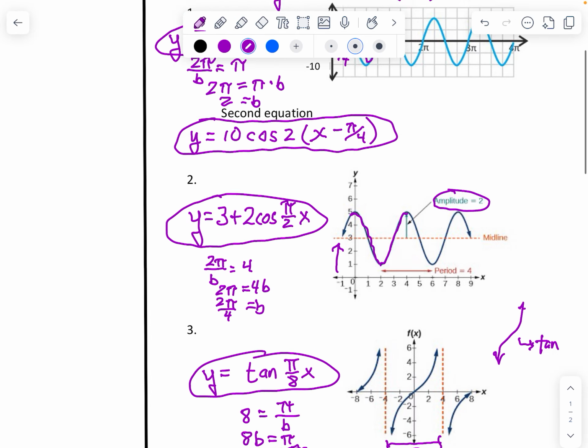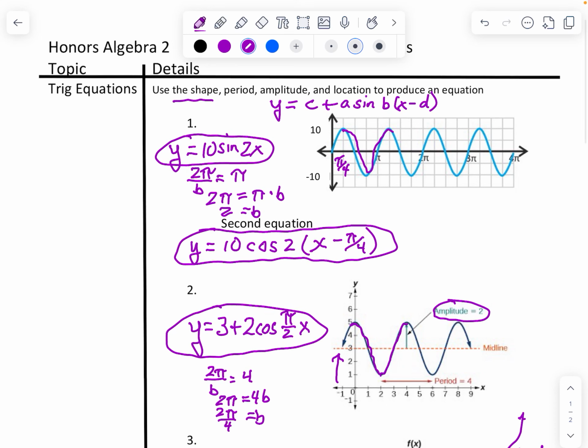So when doing these graphs, you need to make sure you use, first of all, the shape to decide: is it going to be a sine, cosine, tangent, cotangent, secant, or cosecant? Then look at the period and use your formula, 2 pi over b for sine, cosine, secant, and cosecant, or pi over b.